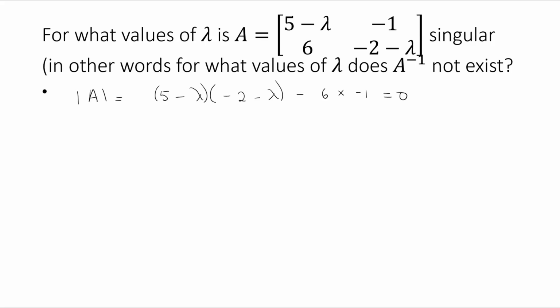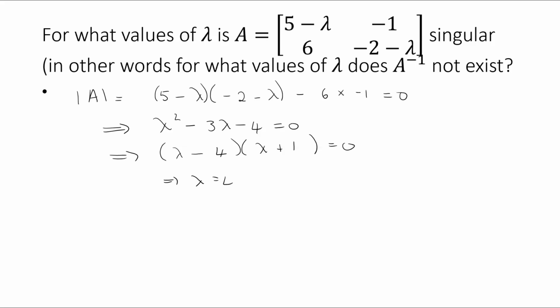Okay, so if we expanded that, we would end with lambda squared minus 3 lambda minus 4 is equal to 0. That's easy to factorize. So we can find that lambda equals 4 or lambda equals -1.